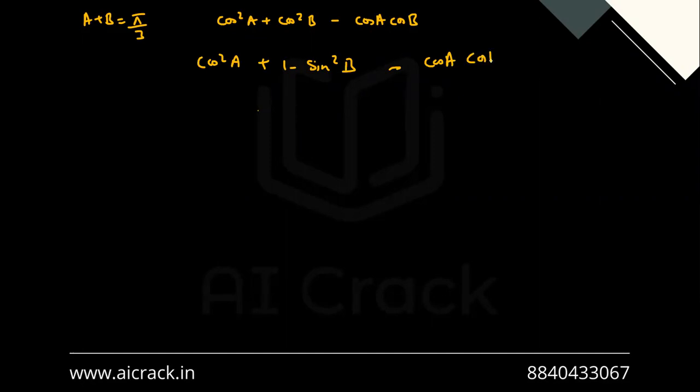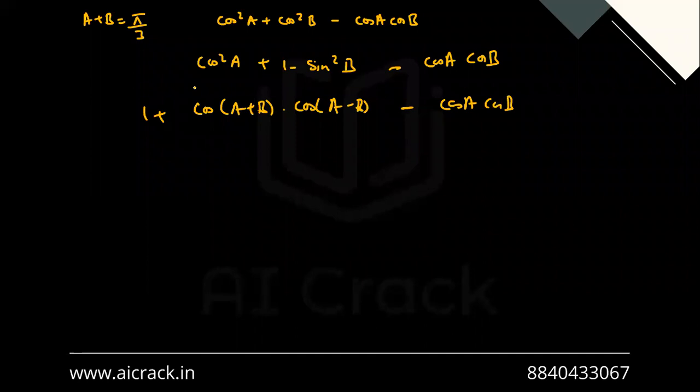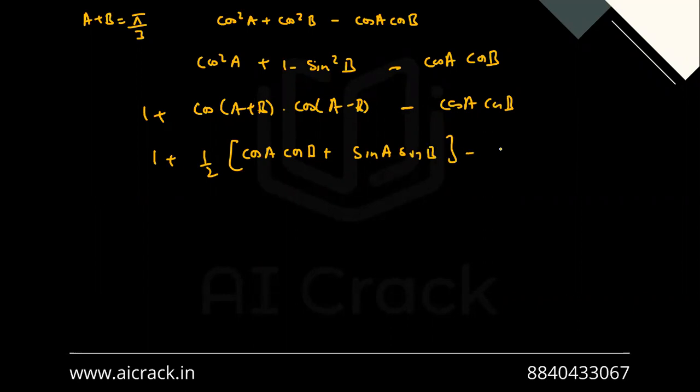Now I'll write it as 1 plus cos of A plus B dot cos of A minus B minus cos A cos B. Now I can clearly see that A plus B is pi by 3, so that will become 1 by 2 times cos A minus B. So that is cos A cos B plus sin A sin B, minus cos A cos B.